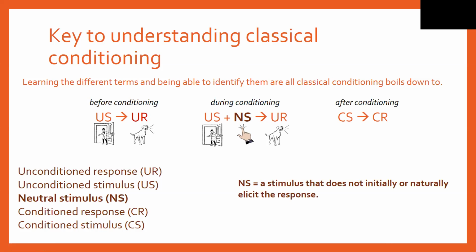So naturally, the doorbell is a neutral stimulus. But over time, when the doorbell is consistently paired with a person arriving, every time a person arrives, the doorbell rings. The dog observes these occurring in time over and over again. And that is where the conditioning occurs.